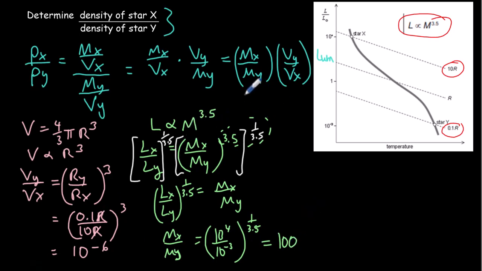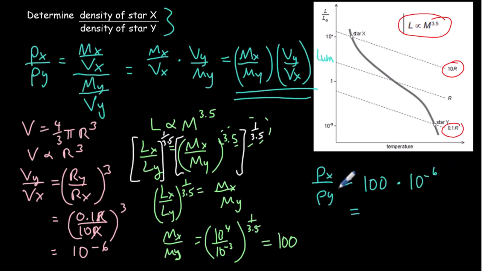So now I can come back to this expression and say that px over py will be equal to mx over my, which is 100, times vy over vx, and that's equal to 10 to the minus 6. So I end up with a ratio for the densities of 10 to the minus 4.